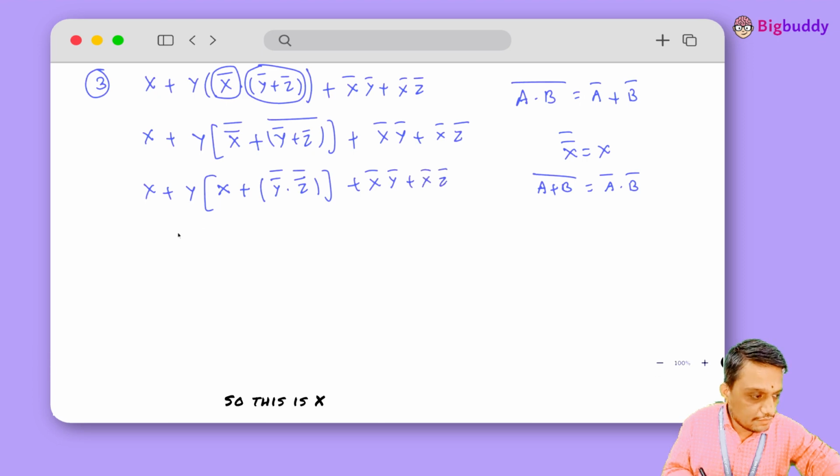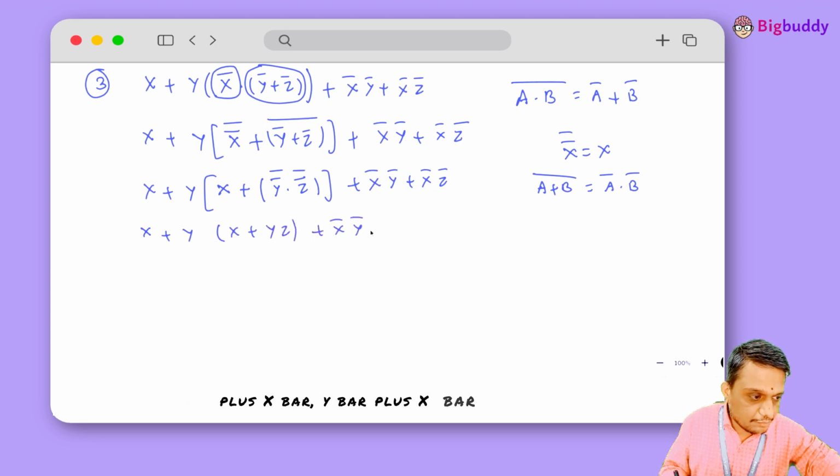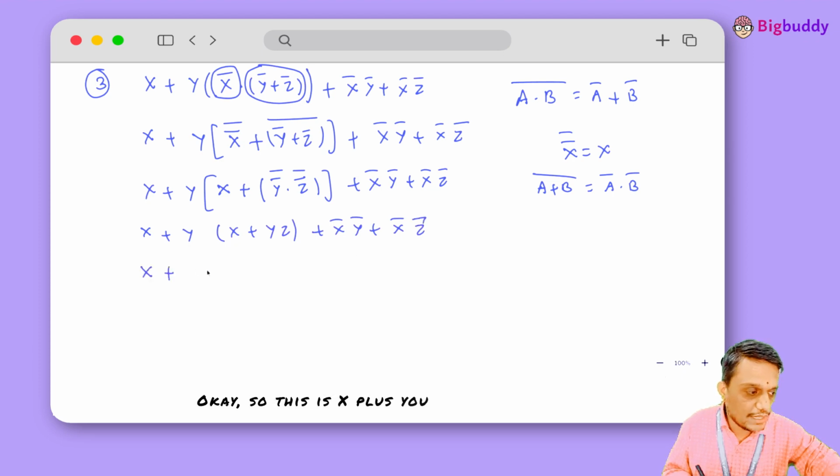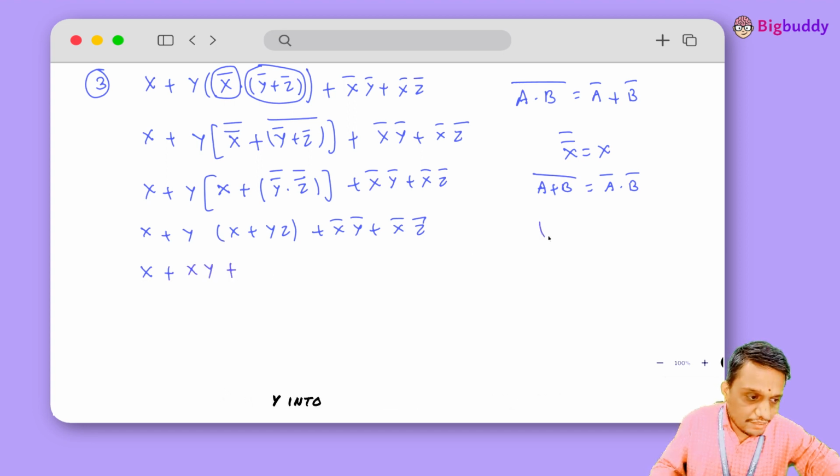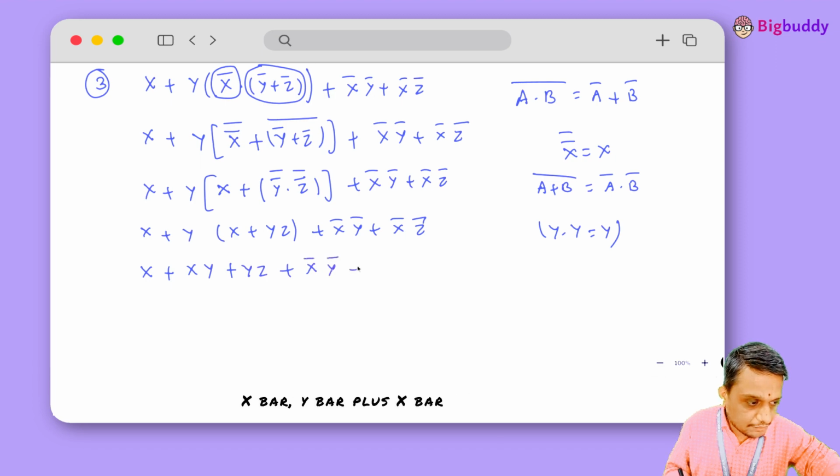So this is x plus y into x plus yz, plus x bar y bar plus x bar z bar. Okay, so you can multiply. So this will be xy plus y into y will be y only, so I will write yz only, plus x bar y bar plus x bar z bar.